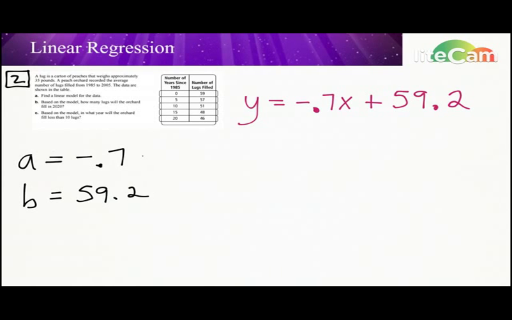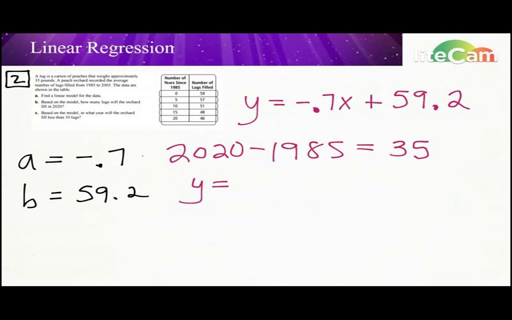So if I use 2020, minus from where we start, that's going to be 35 years. 35 is the x. Remember, the x is the number of years. So I'm going to plug 35 into our equation.